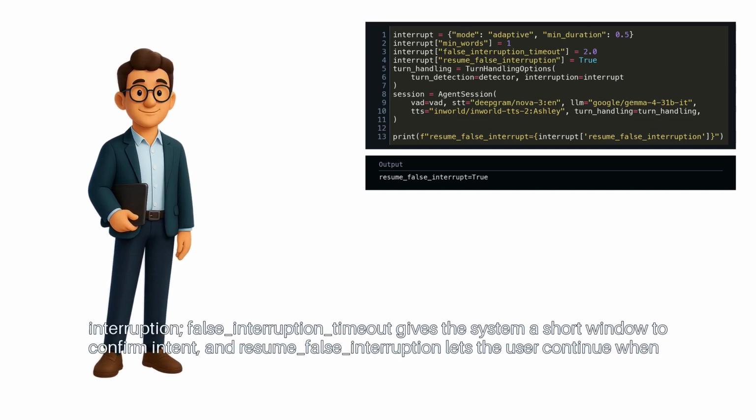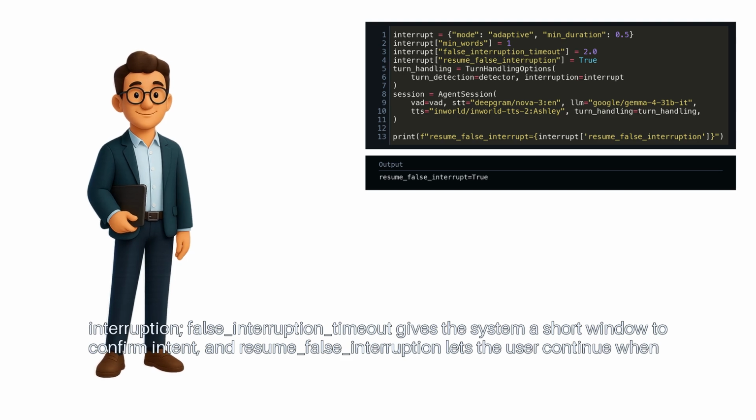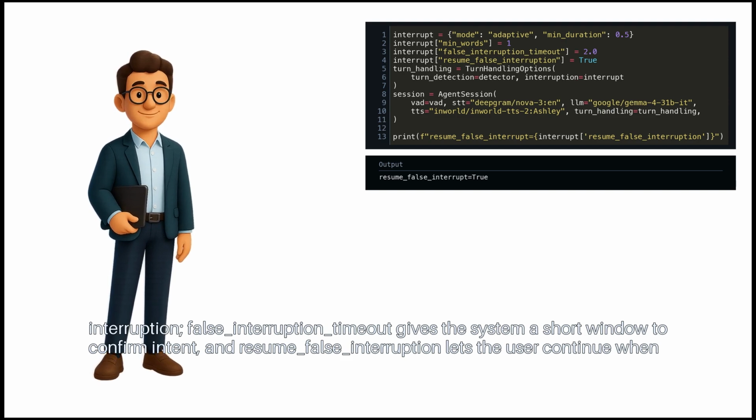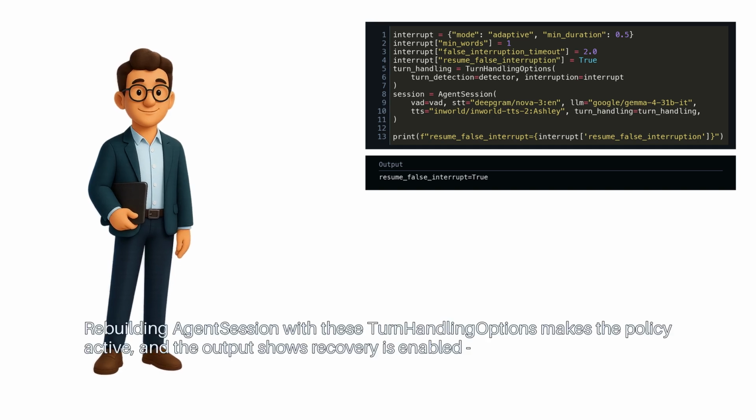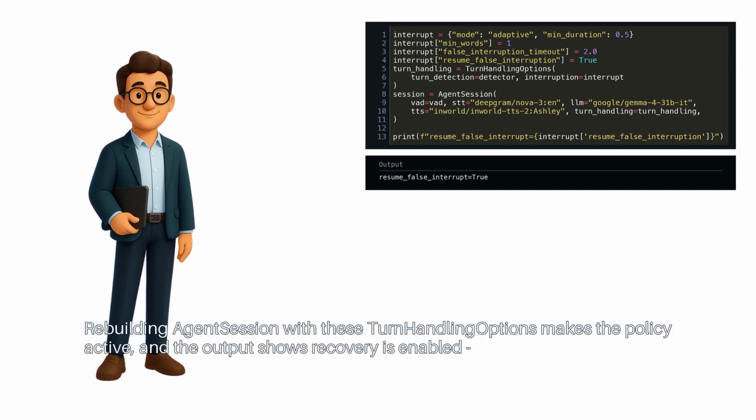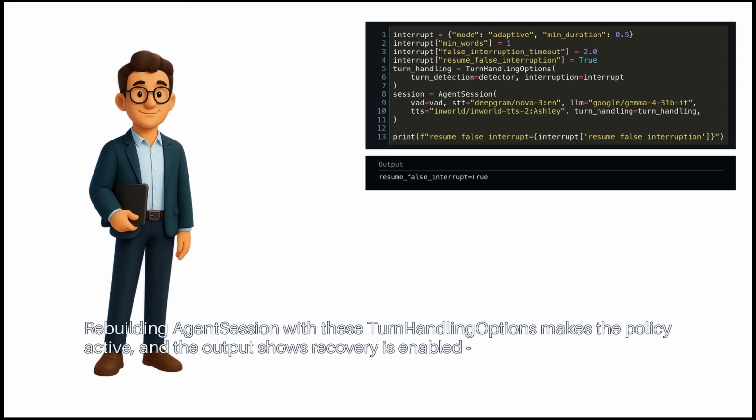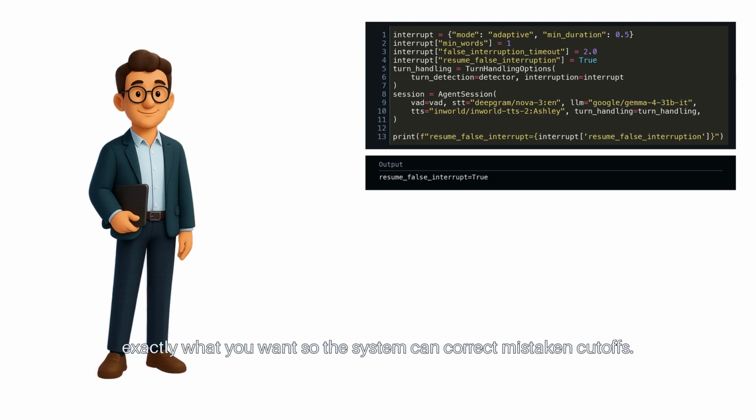False interruption timeout gives the system a short window to confirm intent, and resume false interruption lets the user continue when the cutoff was mistaken. Rebuilding AgentSession with these turn handling options makes the policy active, and the output shows recovery is enabled. Exactly what you want, so the system can correct mistaken cutoffs.